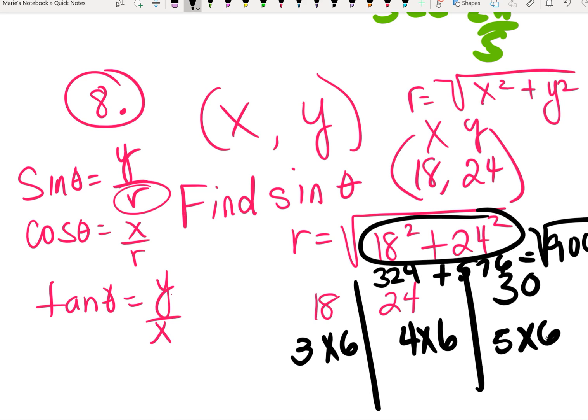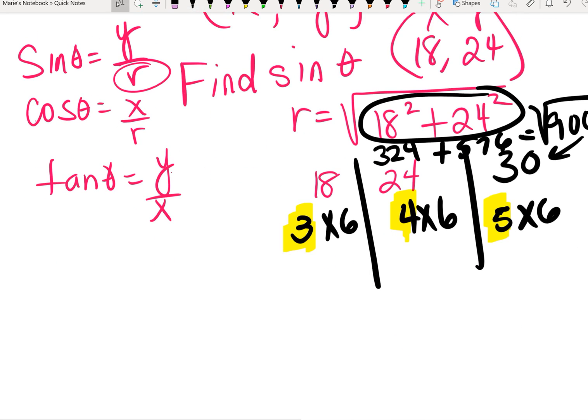Square root of 900, bingo. So you can see that this is a 3, 4, 5 ratio, and we can simplify the fraction anyway. My y term is the 4 value, and my r term is the 5 value. So this has to be answer choice B, 4/5.